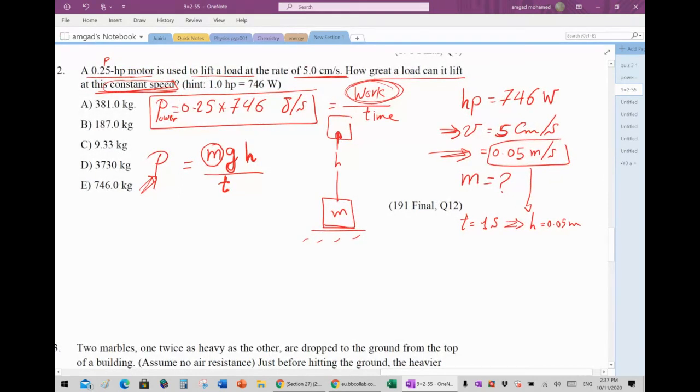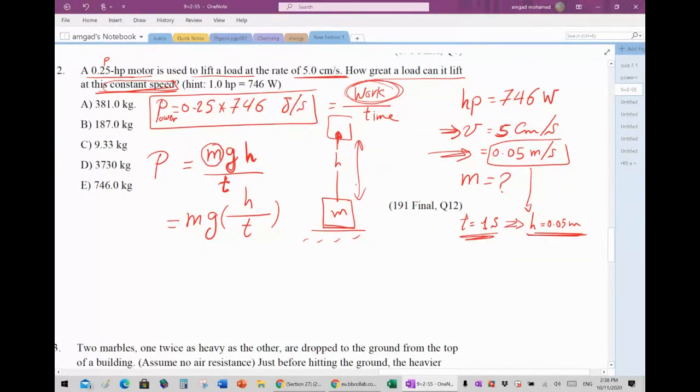That's a good idea. Like you say, every 1 second, you move the object up a certain distance, 0.05 meter. And then you can substitute in the equation and you will find the mass. Or you can say mg h over t. What's h over t?